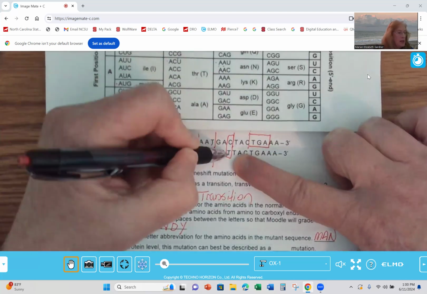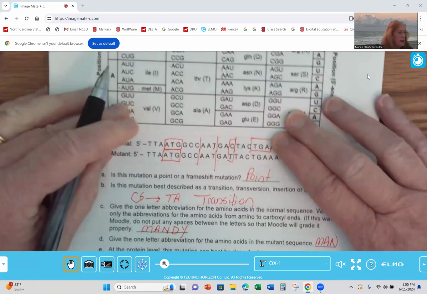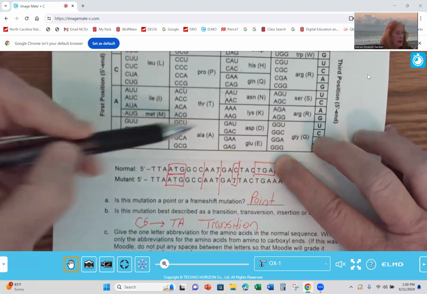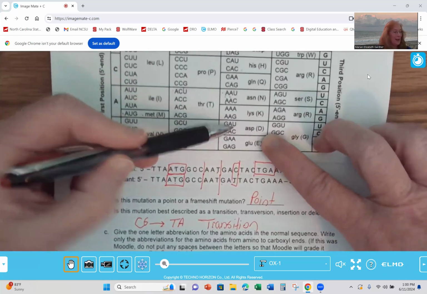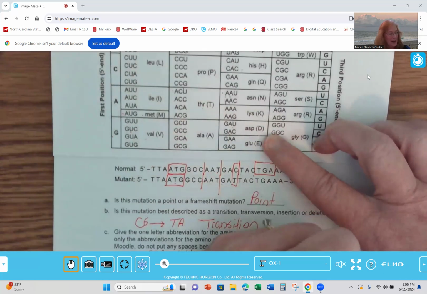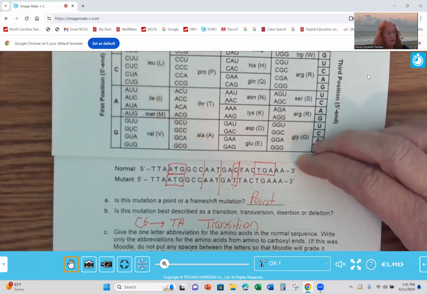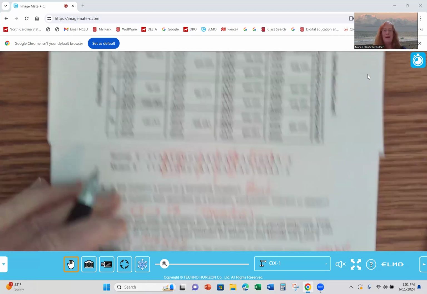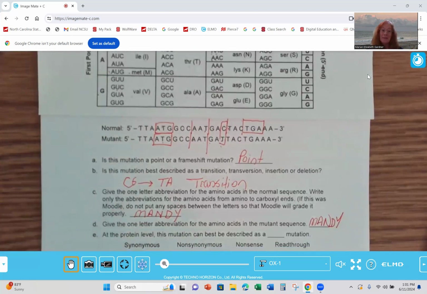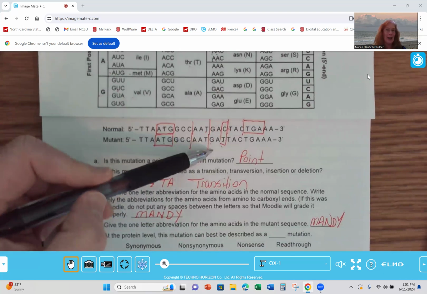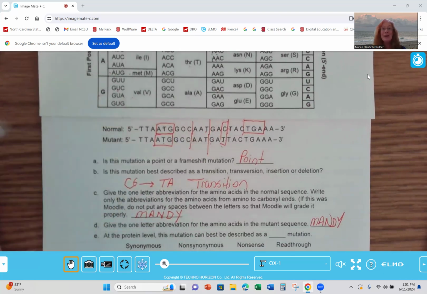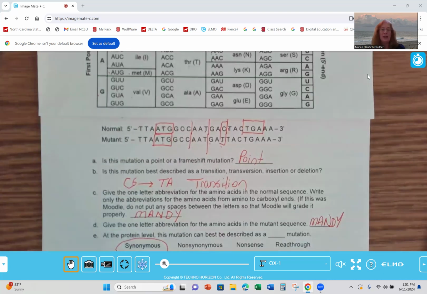Now GAU, it still codes for a D. And then this last one, UAC, was the same as before. It codes for the same thing. Look at that. So when we think about the change at the protein level, even though we changed the codon, we didn't change the amino acid. So this is a synonymous mutation.